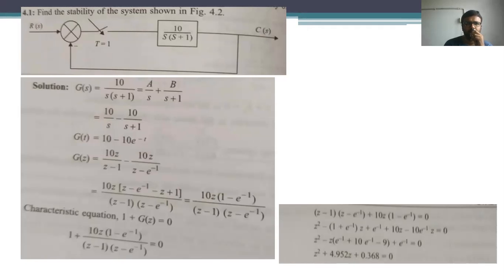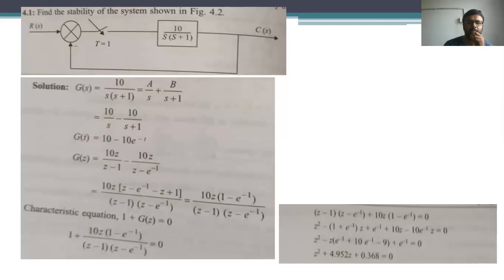So upon the calculation of the partial fraction method, we have obtained the values of A and B as A equal to 10 and B equal to minus 10.